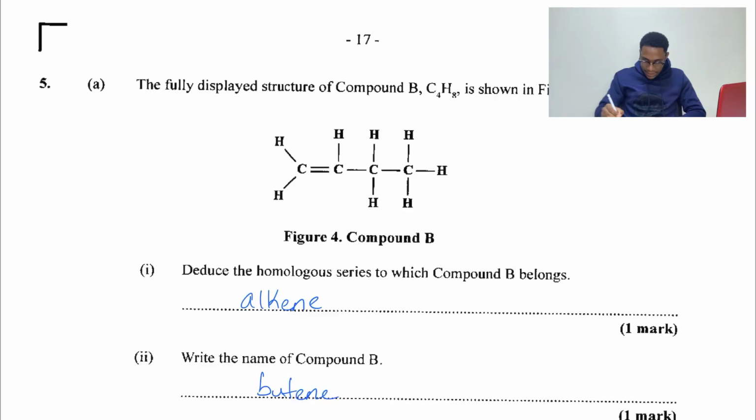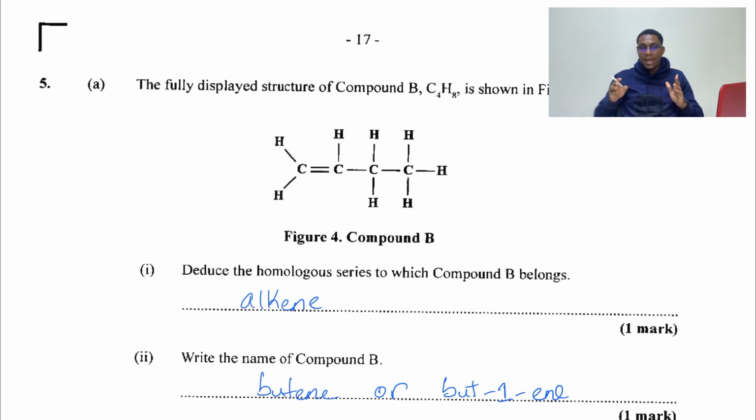So that is an alkene. And what is the name of this compound? It's butene. And if we want to get specific with the proper naming conventions, we can say but-1-ene, because the double bond is at the first carbon.